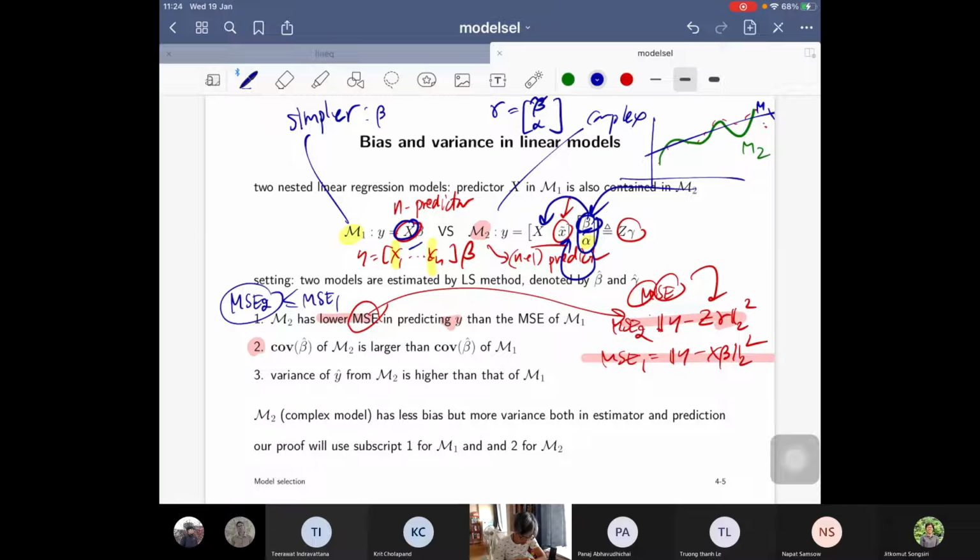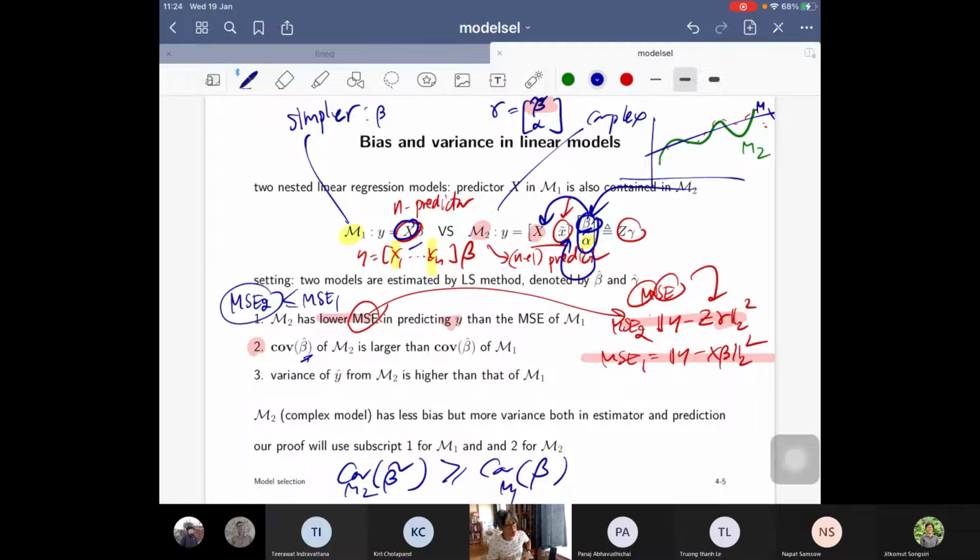Statement 2 says that the covariance of beta tilde, the first portion of the regression coefficient associated with x, for M2, is bigger than the covariance of beta for M1.